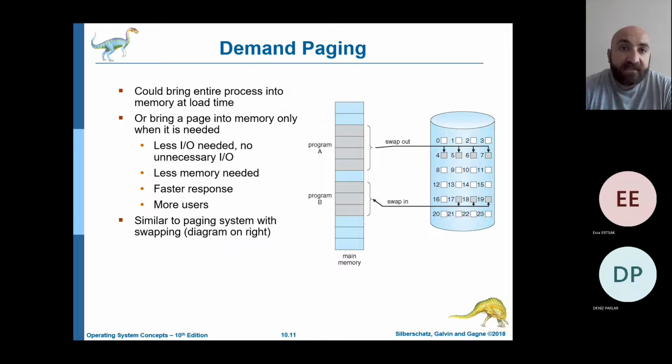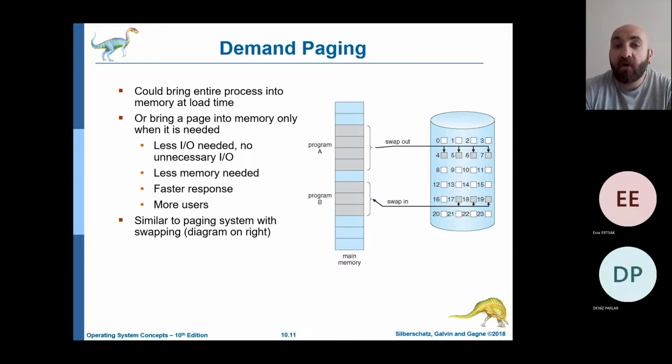Consider how an executable program might be loaded from secondary storage into memory. One option is to load the entire program in physical memory at program execution time. However, a problem with this approach is that we may not initially need the entire program in memory. An alternative strategy is to load pages only as they are needed.